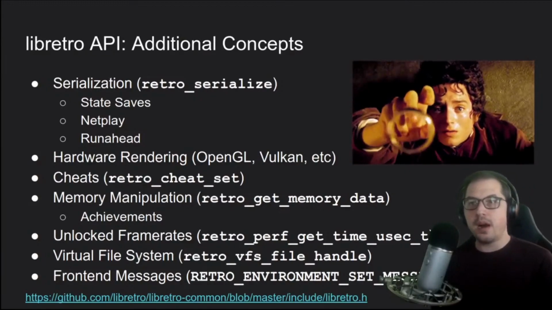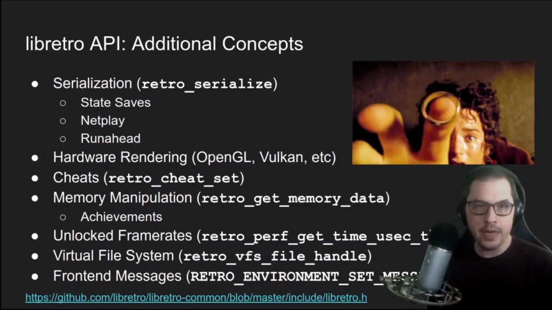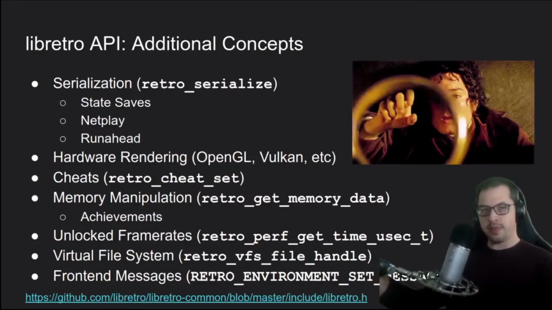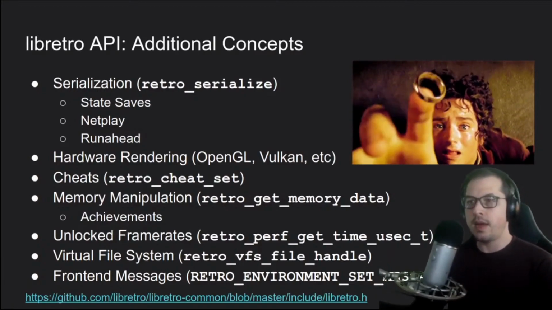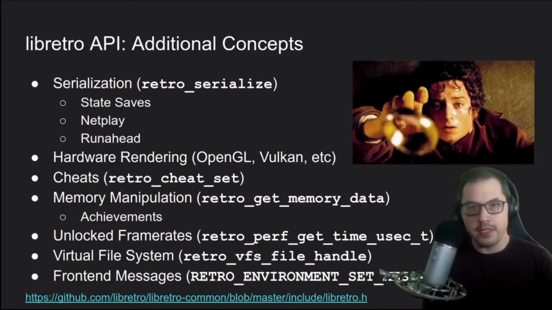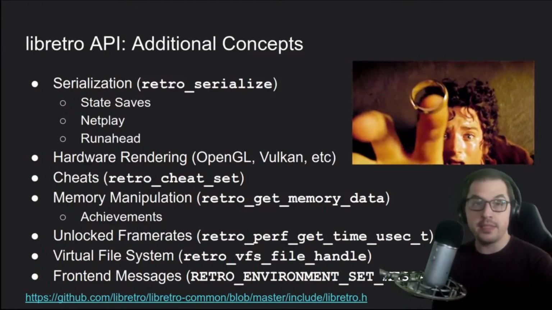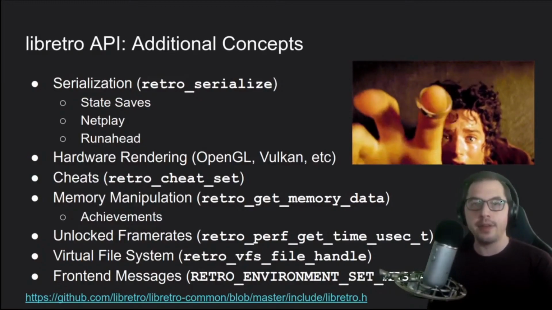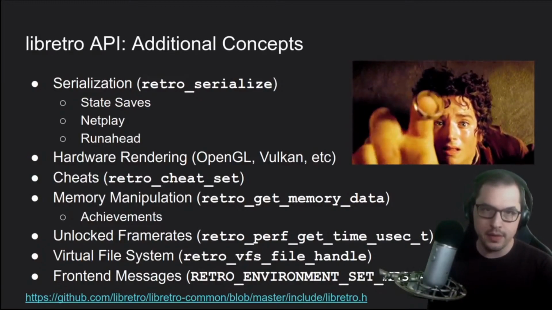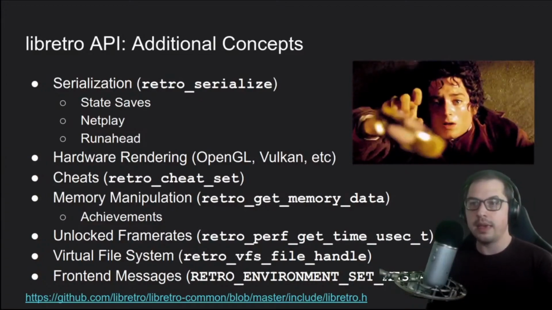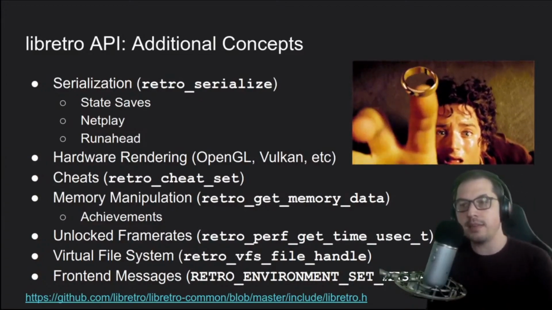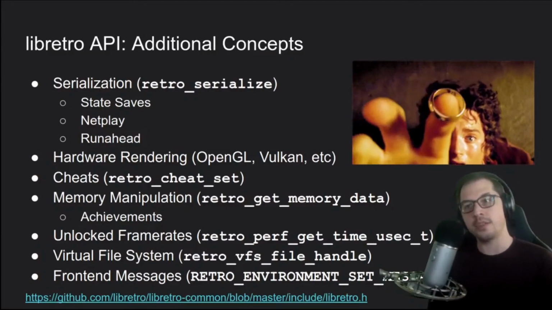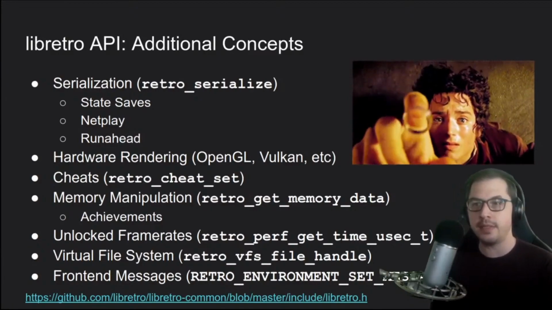So beyond audio, video, and input, what are some other concepts that we can accomplish with the LibRetro API? Some of my favorites include serialization. With serialization, what you do is load all of the game state, everything about the current state of the running core, into a serialized object, and that allows front ends like RetroArch to handle state saves.